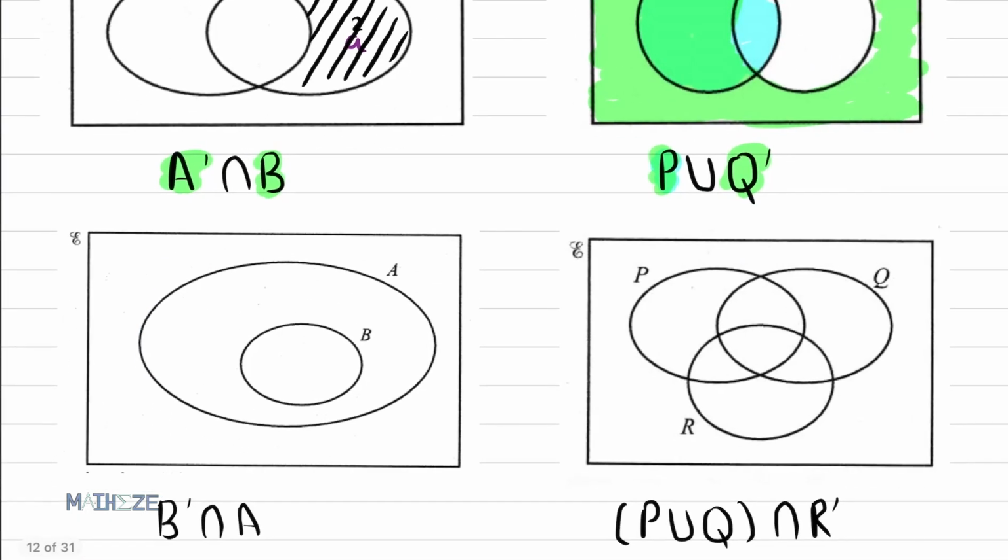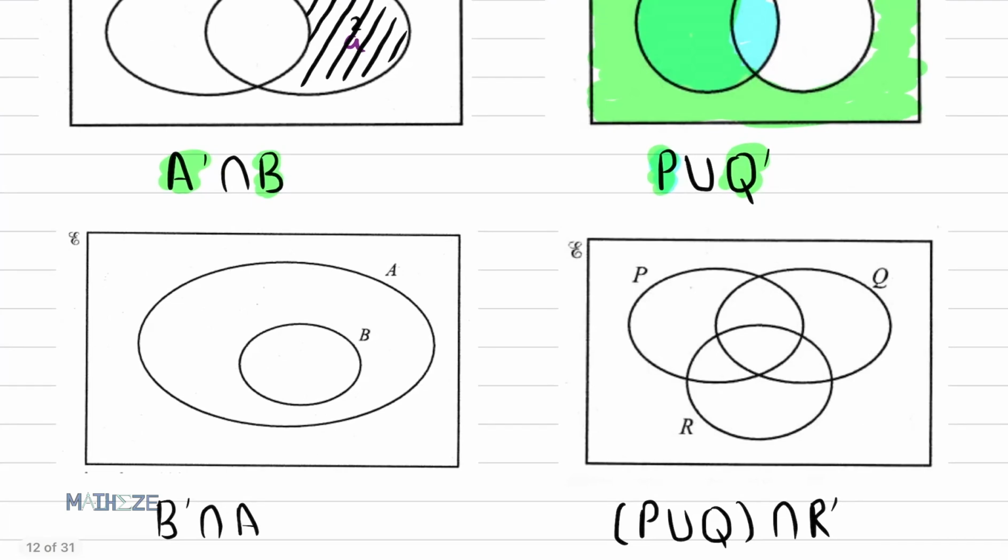Now it says B complement intersection. What does B complement mean? Everything other than B. So it's going to be this area. A, B, C, D, E, and F. Got this? Then it says intersection A. So write down numbers in entire A, right?